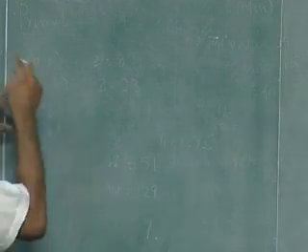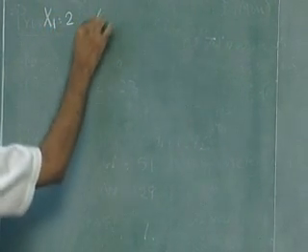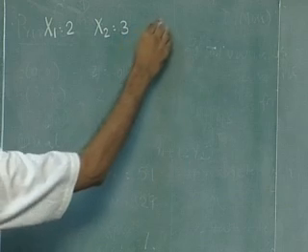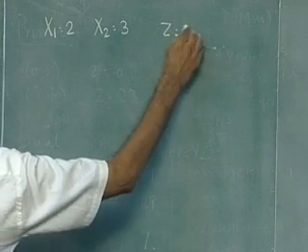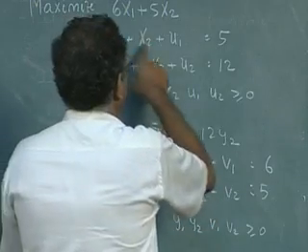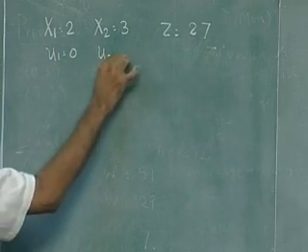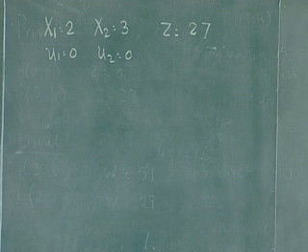So, primal has a solution which is x1 equal to 2, x2 equal to 3, z equal to 27. x1 equal to 2, x2 equal to 3 makes u1 equal to 0, u2 equal to 0, z equal to 27. Now let us assume we know the optimal solution to the dual.